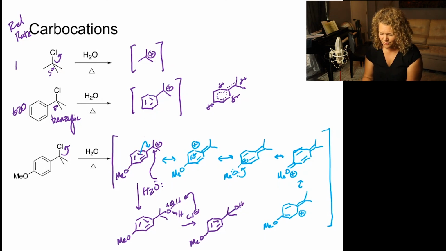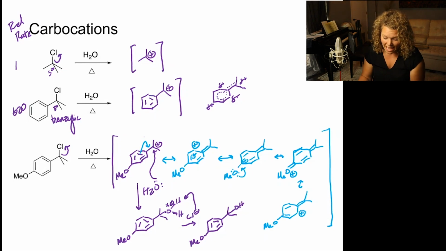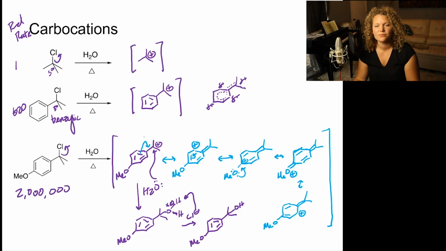And the same occurs here in this methoxy substituted one. What's really cool about this one, this relative reaction rate, is that the stabilization of that carbocation increases the rate tremendously. Our relative rate, I can't even write it on the side here. It has a relative rate of 2 million compared to our tertiary carbocation that was forming.